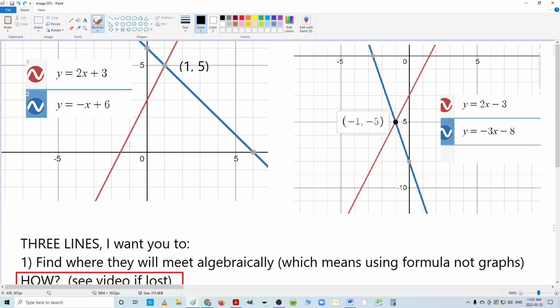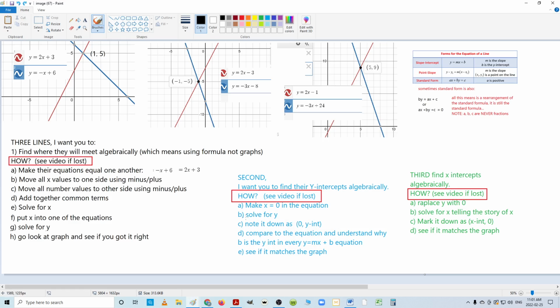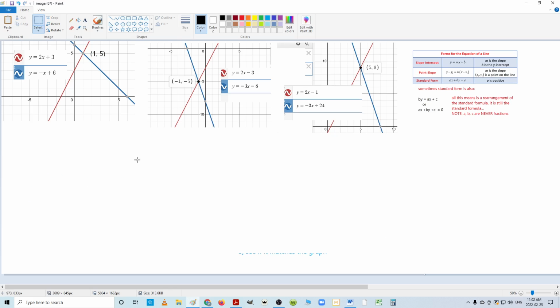So how do we solve this? Well, we're going to find out how they meet algebraically, and I'm going to let you, if you want to take a picture of this, go ahead. But I'm going to delete all the information down below. But I've got to keep in mind I want to find the X-intercept and the Y-intercepts as well. Here we go. How do I find out where they meet when they're in this format, the slope-intercept format?